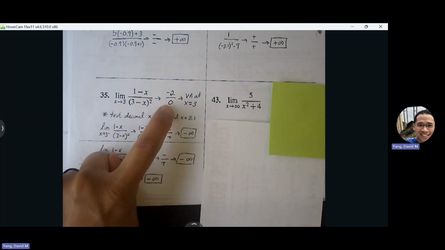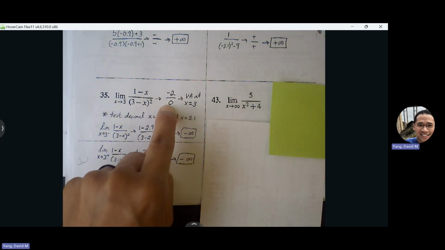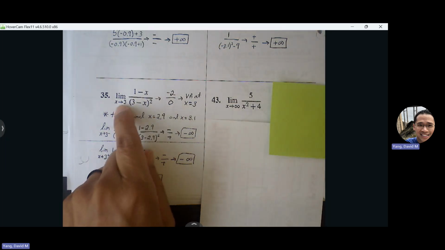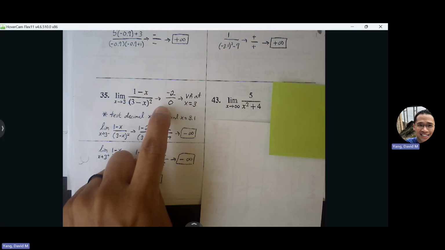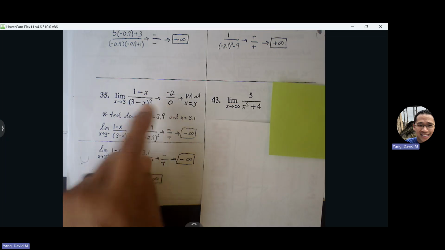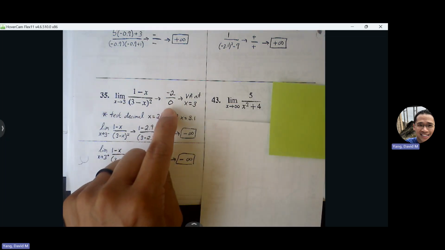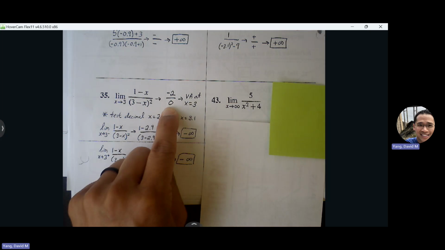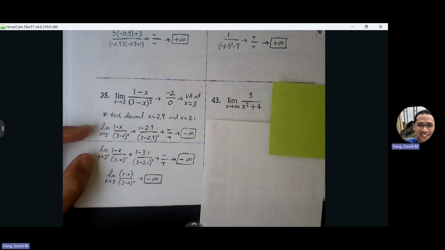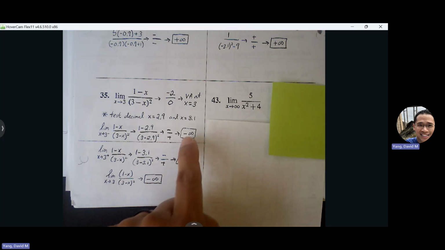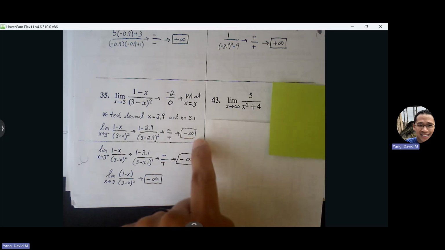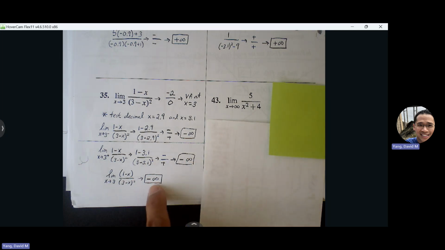You could stop and say that the limit doesn't exist because it's not asking from the left or from the right. But I just wanted to highlight that we could also gather more information by doing one-sided limits, because we know that there's a vertical asymptote, and seeing if there's an agreement. If you have agreement on a full limit where the limit doesn't exist, then there's a subcategory that you can say, is negative infinity.